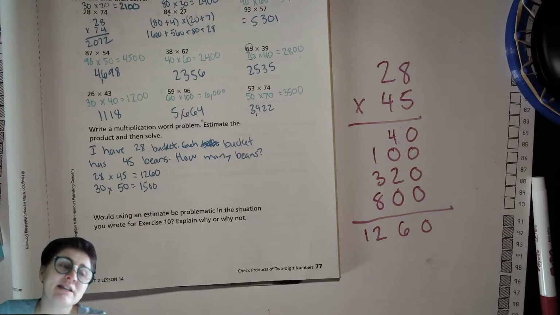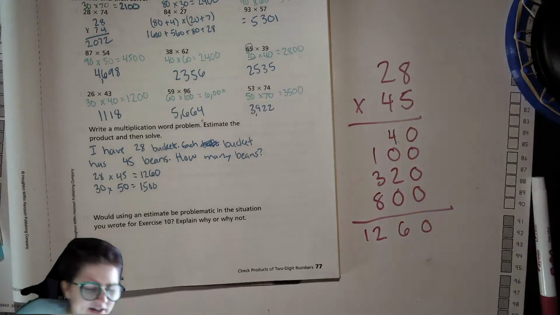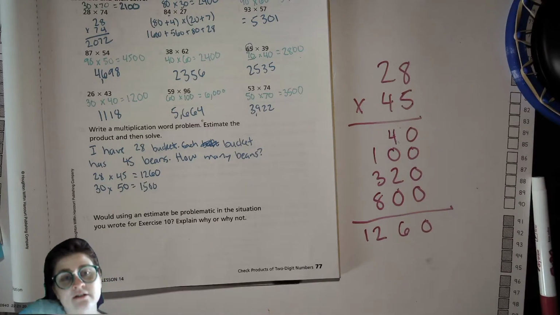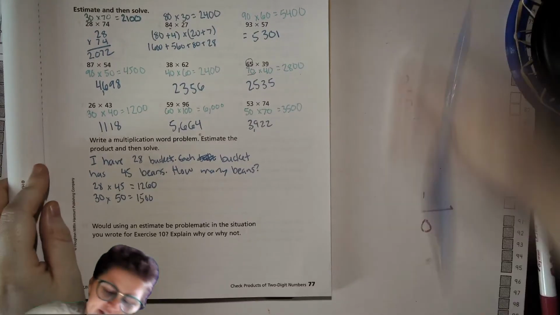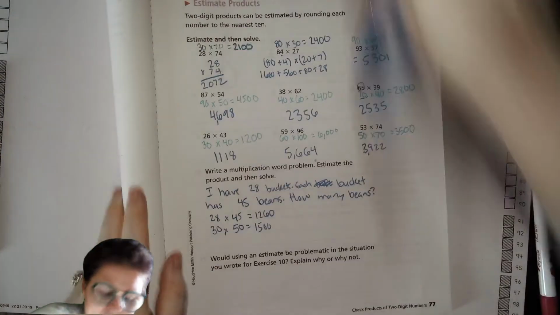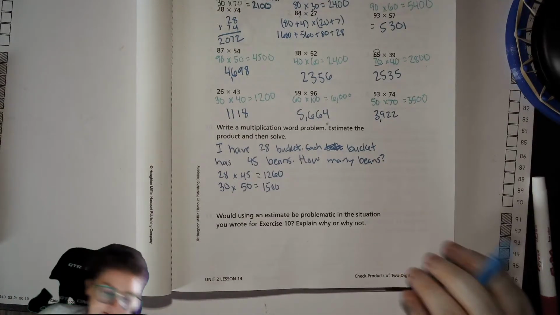If on the other hand, I was just cooking beans and everyone just needed a spoonful of beans to go with the rest of their meal, it wouldn't really matter. So that's something to keep in mind whenever you're using estimation. If it's something that matters to know the specific amount, then you've got to do the full multiplication. If you're just wondering, do I have kind of sort of close to enough, then you can estimate. But usually it doesn't take that long to find the actual number, so you might as well find it, unless you really, really don't need to.